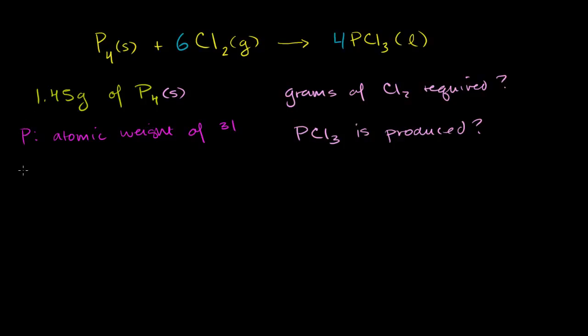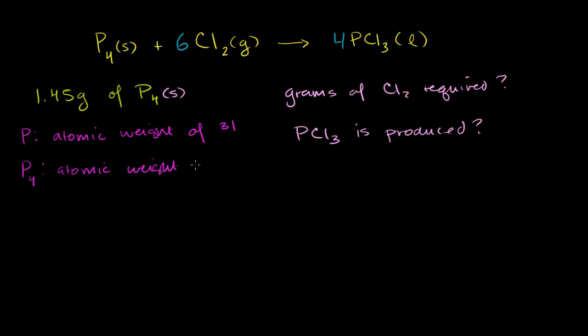Now, if you look at the atomic weight of P4, or a molecule that has 4 phosphorus atoms in it, it's going to be 4 times this. So it's going to have an atomic weight of, well, it's 4 times 31.